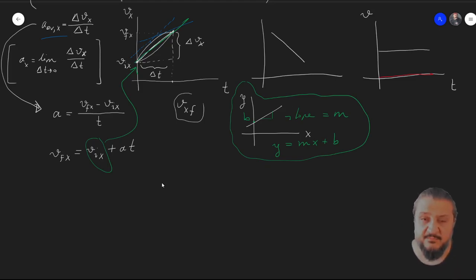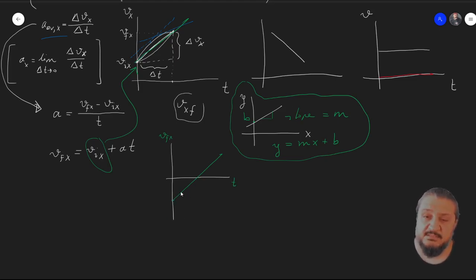Now, Vix can be 0, or Vix can be a negative number. These are all possibilities. If Vix is negative, for instance, this means the motion is along the negative x direction. Example, let's say this intercept, which is Vix, is below 0, and this is your straight line representing the final velocity, and you have a negative number here.